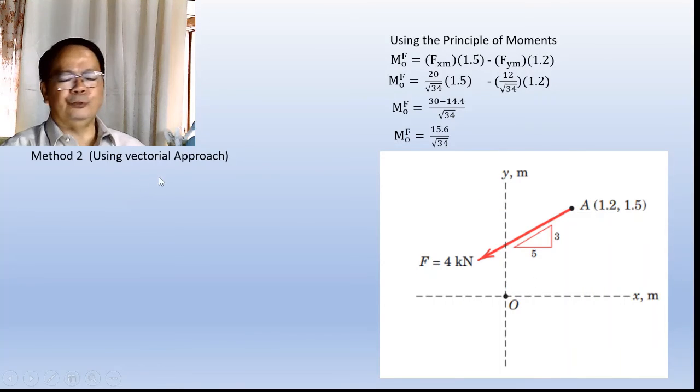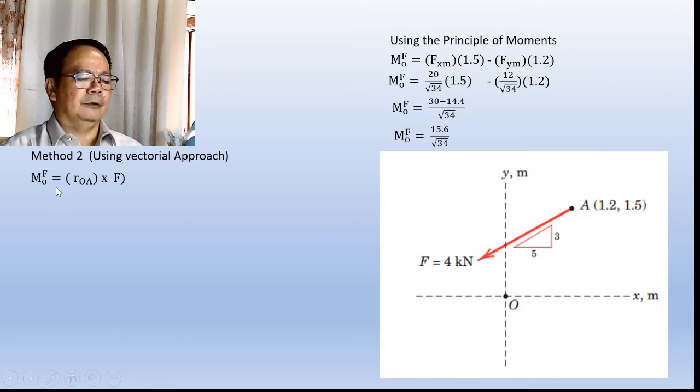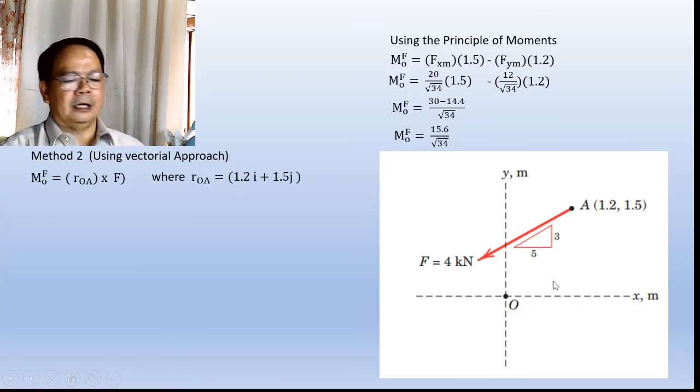Method 2, we will be using the vectorial notation. And what shall we do? We need the position vector of A from O, because we have the formula of the moment as the position vector r_OA cross F. So we need to show the position of A from O. Let us define that position.